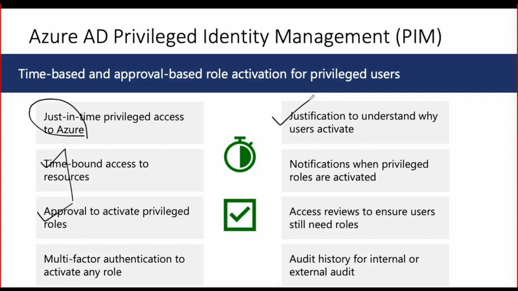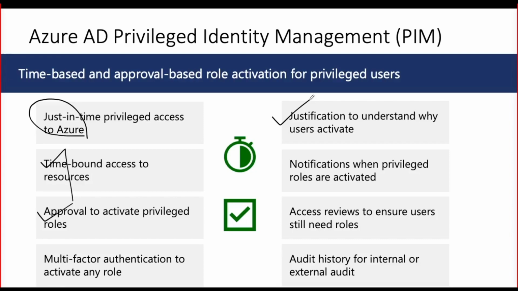But if you set the PIM and put an active assignment, that means you are stating that he will work continuously without any approval mechanism. He will work as a security administrator. In that case, you have to justify why you are making him 24/7 a security administrator. So you will say maybe it is a trusted resource, and so on.